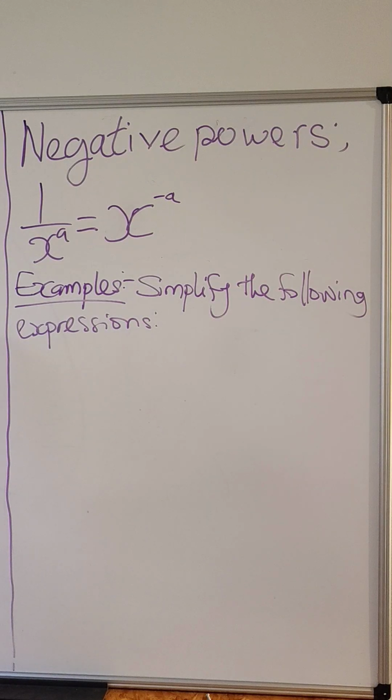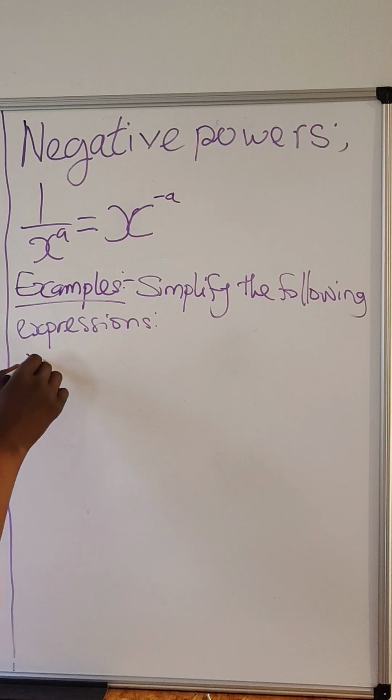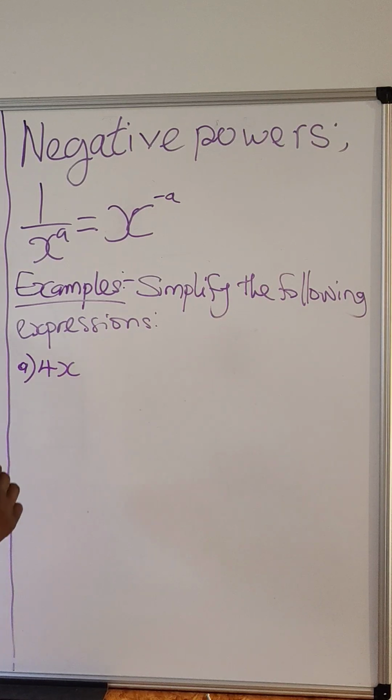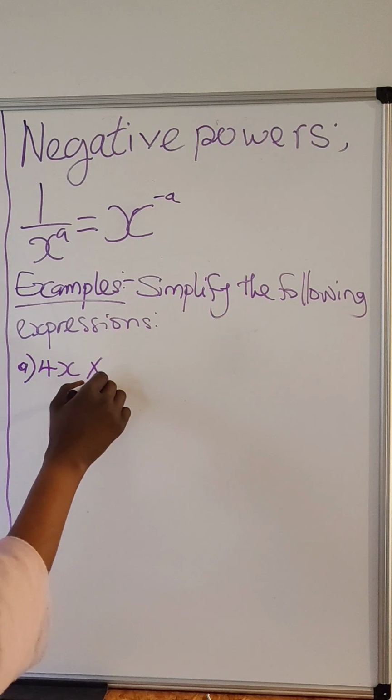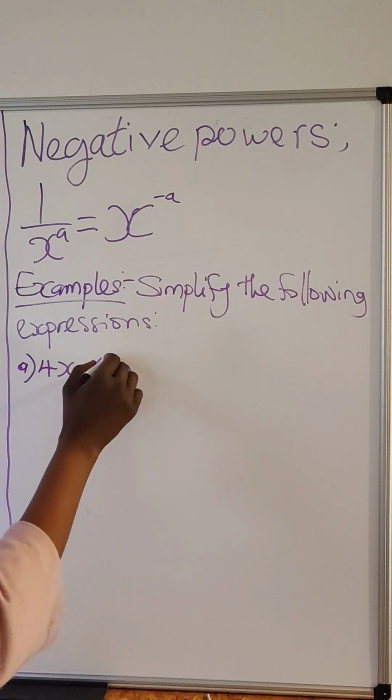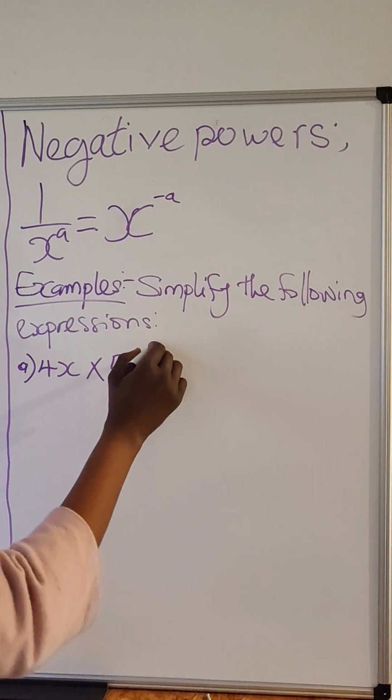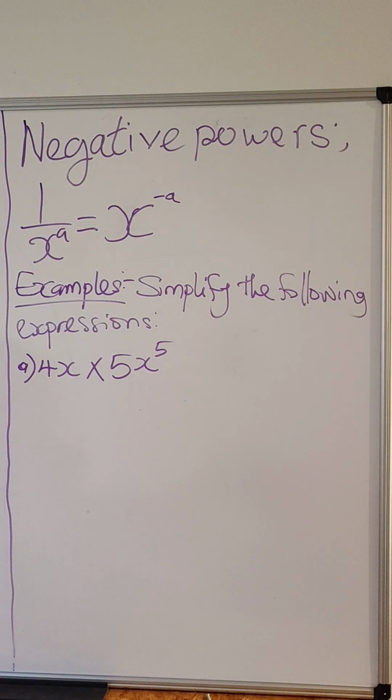The first of it is 4x multiplied by 5x raised to power 5. 4x multiplied by 5x raised to power 5.